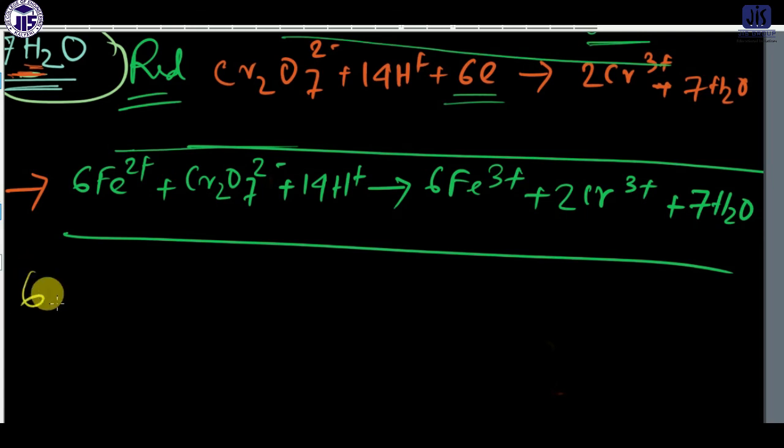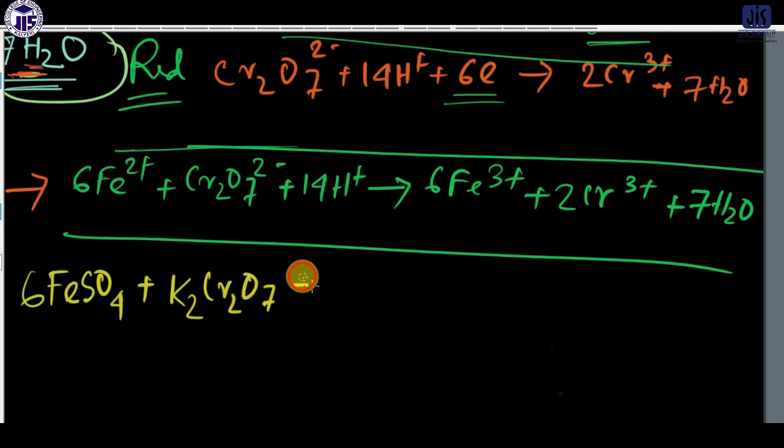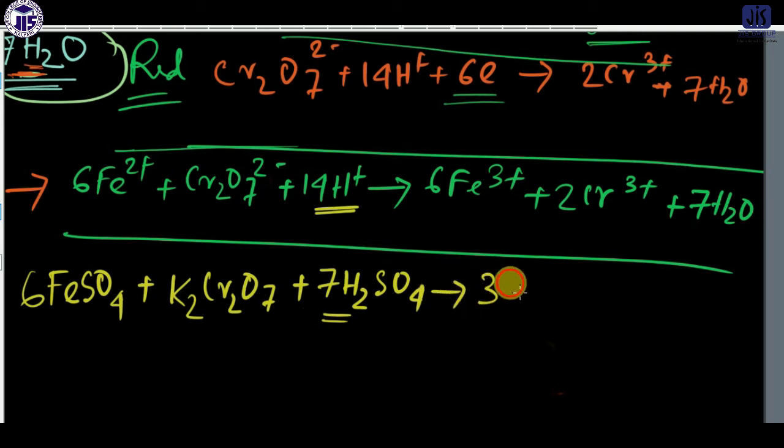6 FeSO4 plus K2Cr2O7 plus 7H2SO4. Here look, 14 H+, so that's why 7 H2SO4, 7 into 2 is 14, okay, in this manner. Then 3 Fe2(SO4)3.